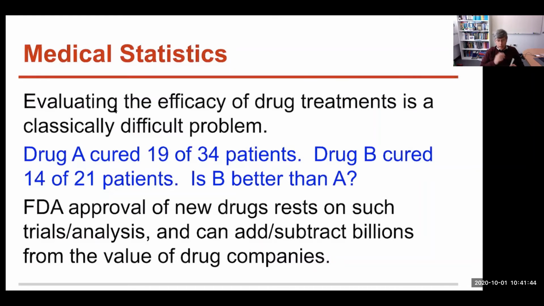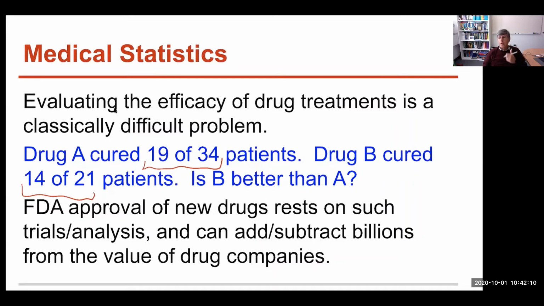Suppose we had drug A and we gave it to 34 patients and 19 of them got better. Suppose we took drug B and we gave it to 21 patients and 14 got better. Is drug B better than drug A? Does everybody see that this could very well have happened by chance?